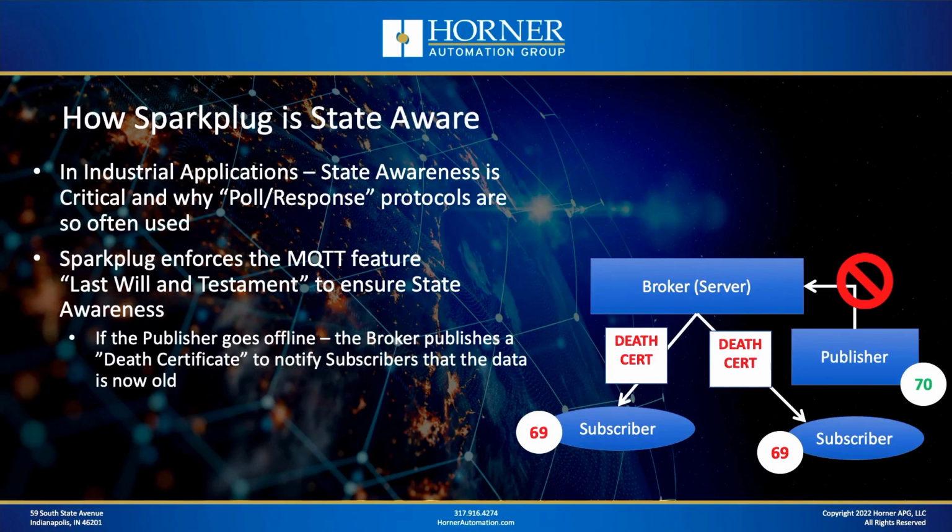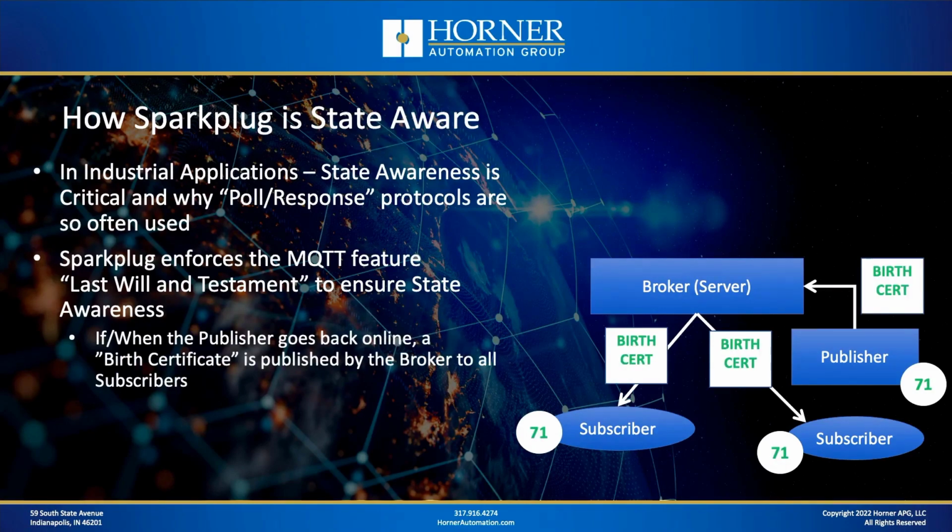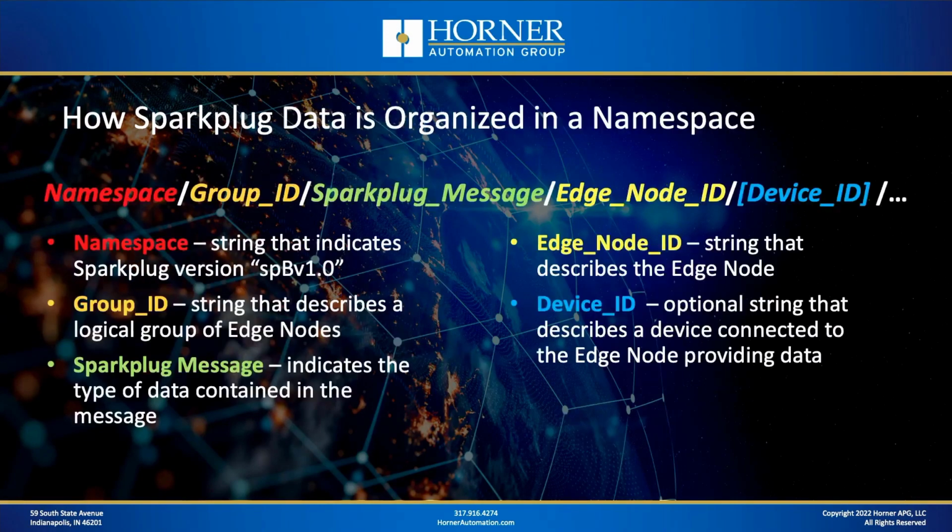And at some point, hopefully, the publisher comes back online, and at that point, a birth certificate type communication is made, and the broker updates the subscribers with not only the latest data, but also a birth certificate saying it's back online, and everybody's confident they've got the latest data again. So that beefed up state awareness is a key element of Sparkplug, to be sure.